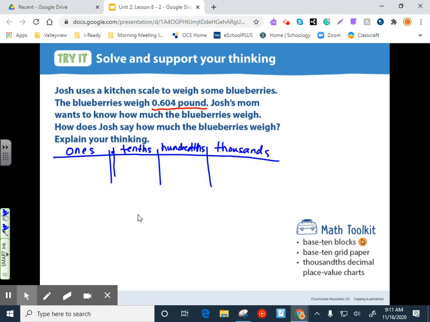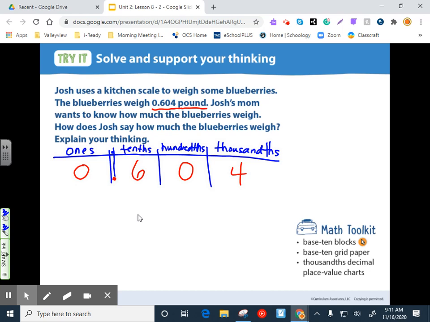All right, so let's take the numbers from up above. So 0 goes into ones. We've got a decimal point here. 6 goes into tenths. 0 goes into hundredths. And 4 goes in the thousandths. I spelled that incorrectly. I was rushing. That's what I get.